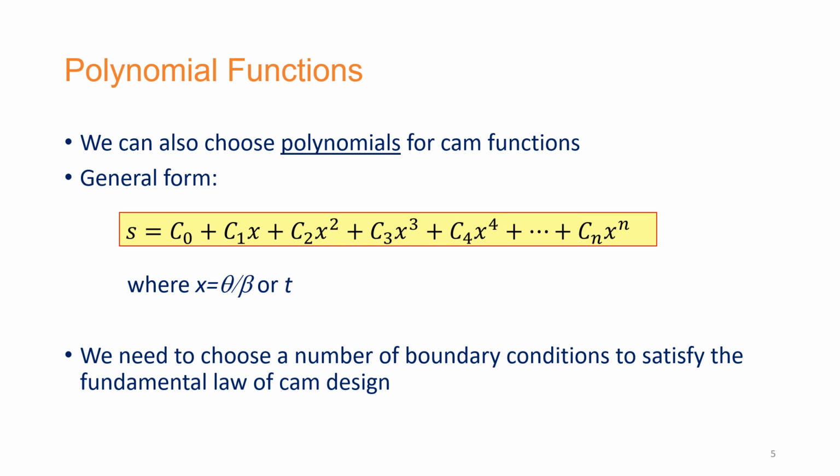So in the polynomial approach, we are going to choose a polynomial, and this polynomial is going to have certain coefficients associated with it. In general form, you can see one polynomial written.